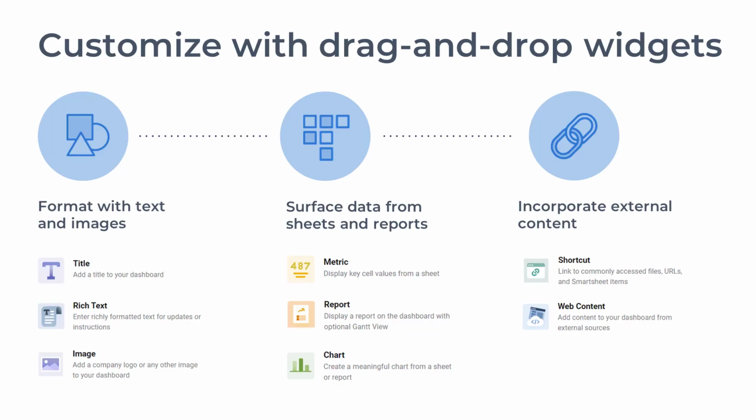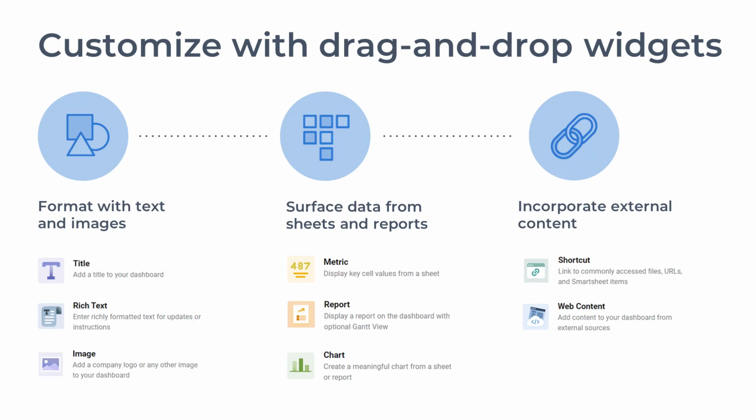When working in a dashboard, you're going to use 8 different types of widgets to create, surface, and customize all of this information. And I like to think of these 8 with 3 specific purposes. You're going to format your dashboard, so add additional text and images and make your dashboard clear and communicate exactly what's important with a title widget, a rich text widget, and an image widget.